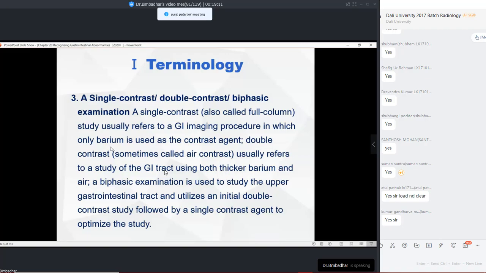Then in double contrast, we are going to use air as the contrast material, and use thicker barium and air together.